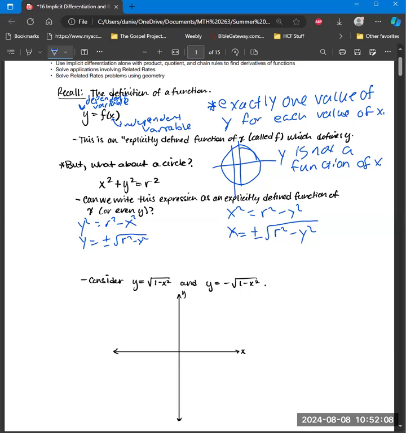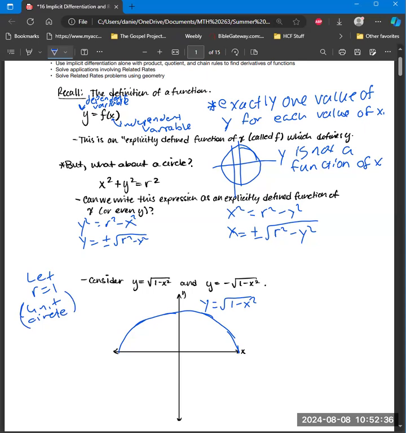So these are functions here, this positive part and this negative part. I'm going to do the top part here in blue. I'm going to label that y equals root 1 minus x squared. We're going to let r equal 1 here. This is going to be our unit circle that we're talking about when r equals 1.